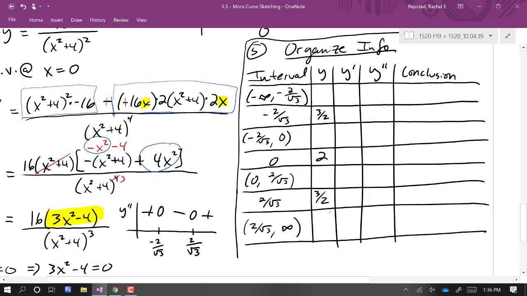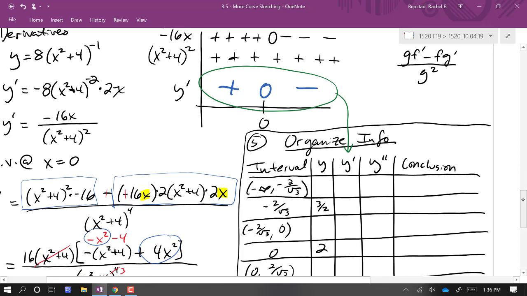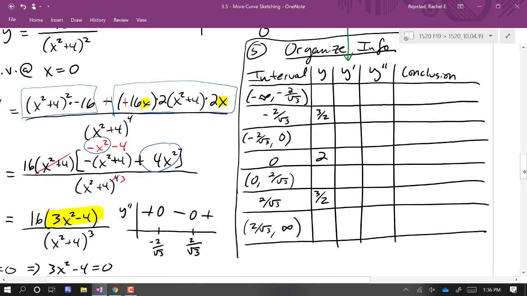How do I fill in the y prime column? With our positives and negatives. Yes, we already made the sign chart, so I'm just taking this and putting it in that column. It's positive before, 0 at 0, and negative after.